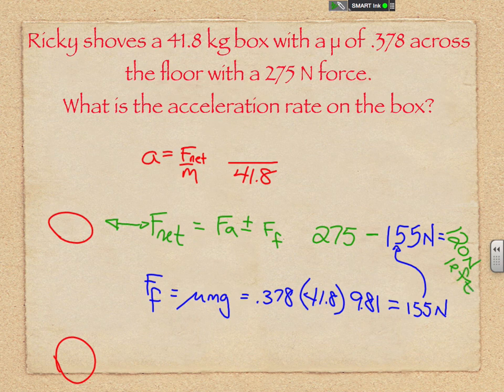And what is the leftover force going to do? It's going to go on top. It's going to cause the acceleration. So that's what was missing up here. So now we're going to take the 120 newtons and divide by the 41.8.